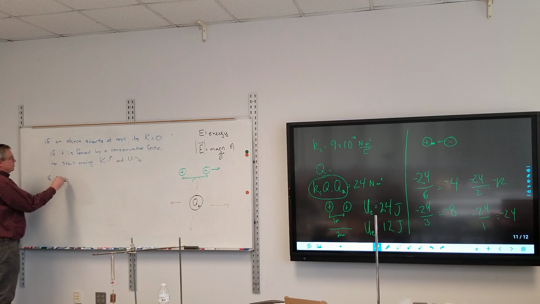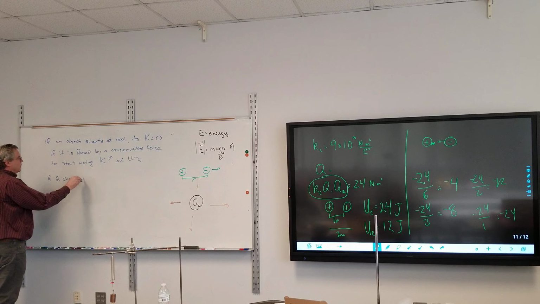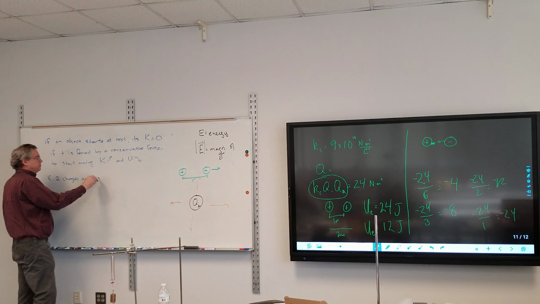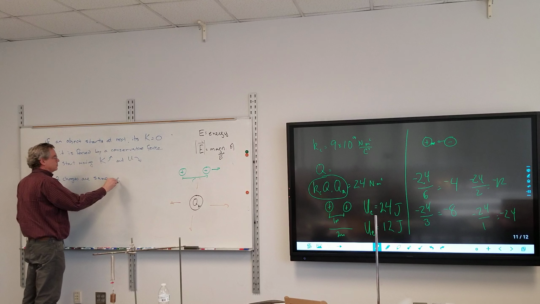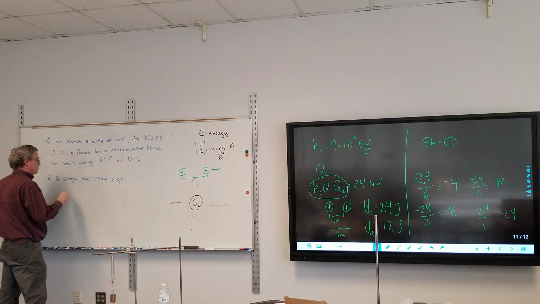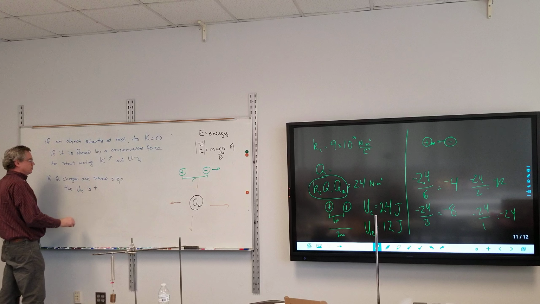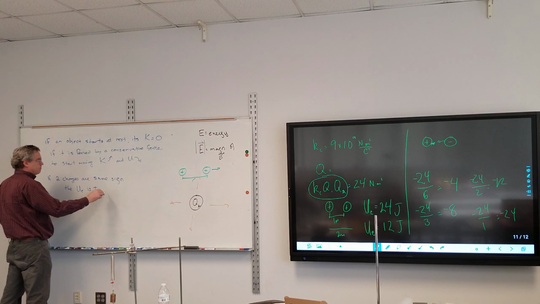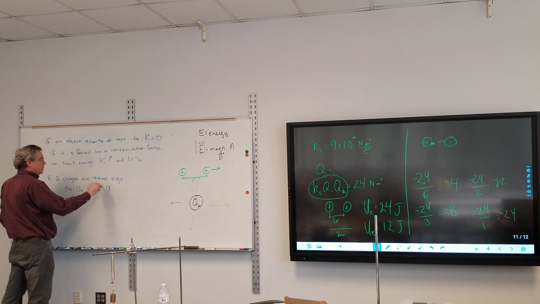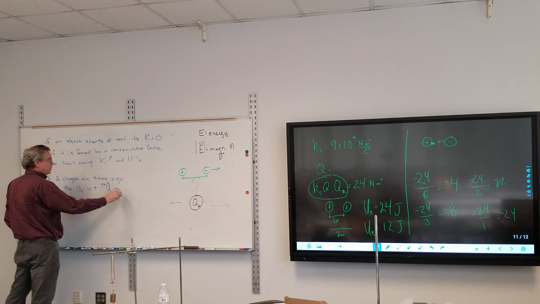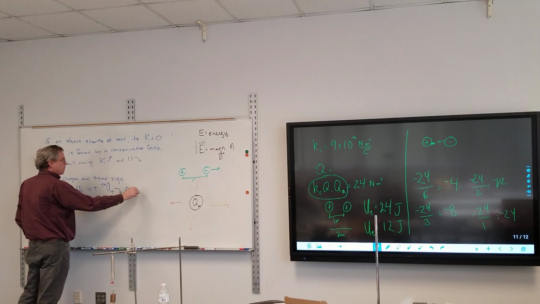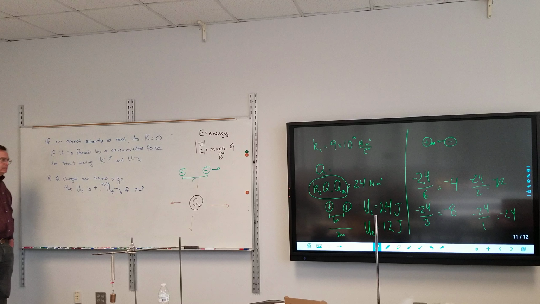If two charges are the same sign, the electric potential energy is positive. This electric potential energy goes down if R goes up, R being the distance between them.